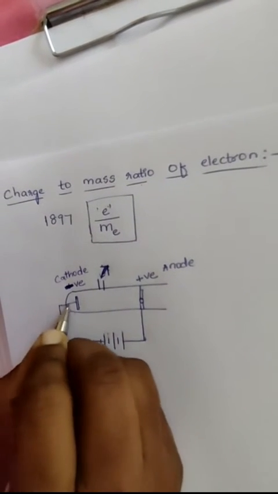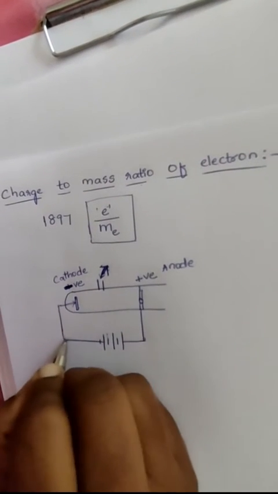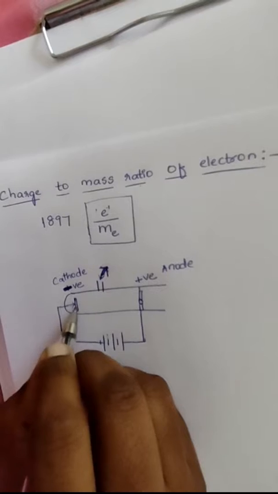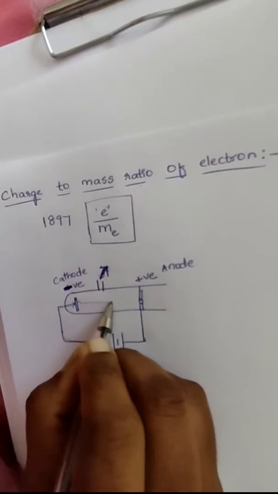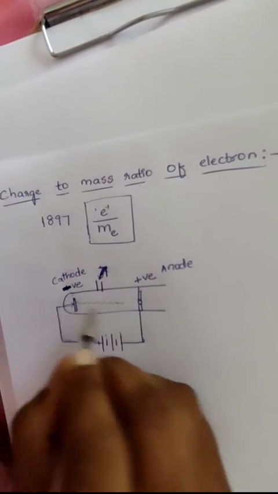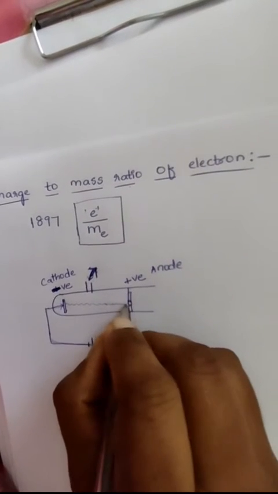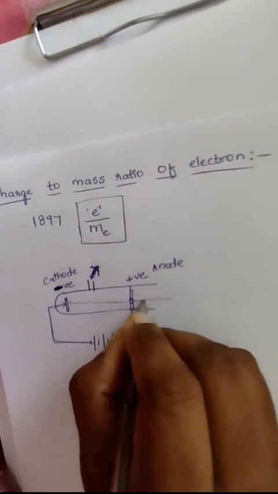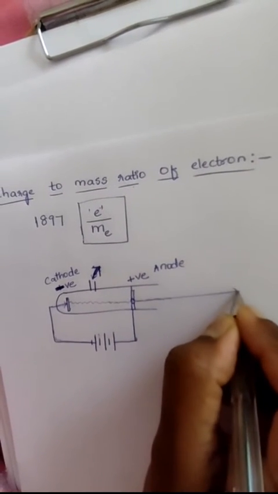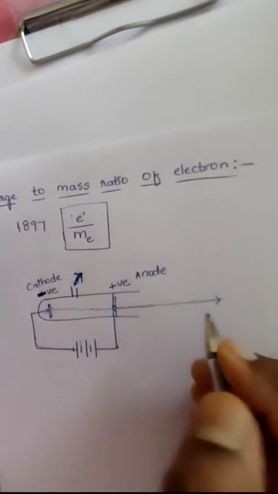So at low pressure and high voltage, cathode rays are produced from the cathode and move towards the anode. This is the path of cathode rays.